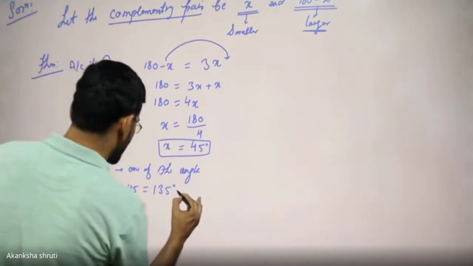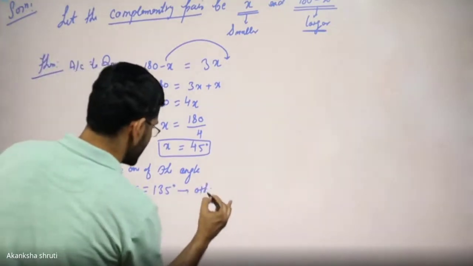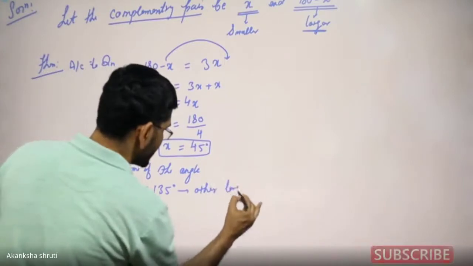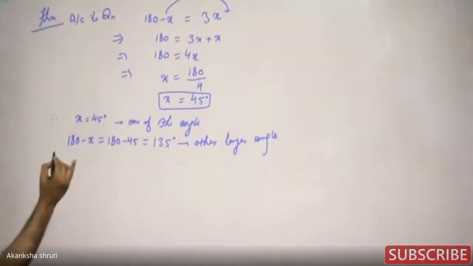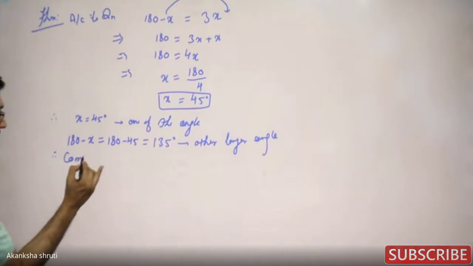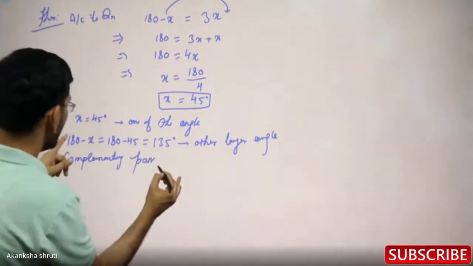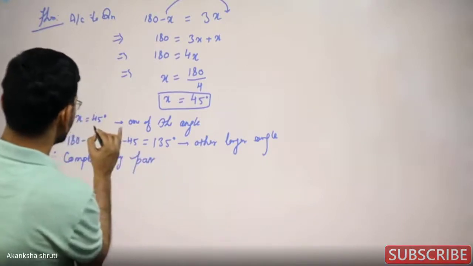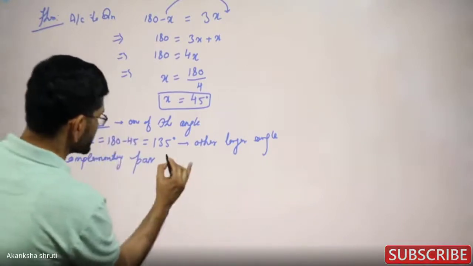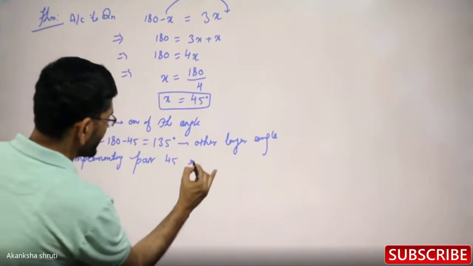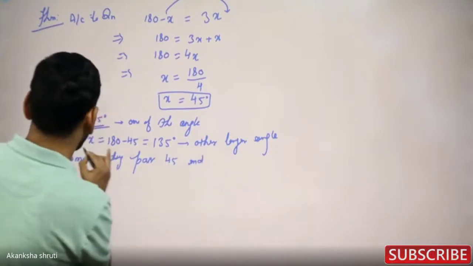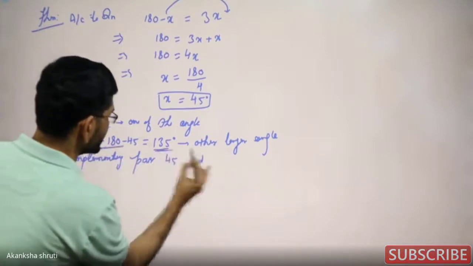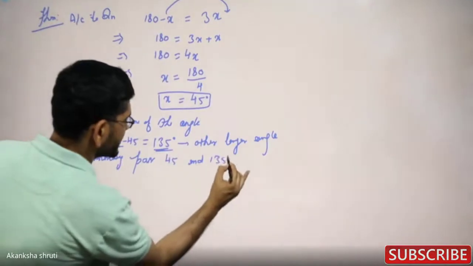Here we are getting that this is the other, larger angle. Therefore, our pair is x and 180 minus x. The value of x is 45, and the other, 180 minus x, is 135.